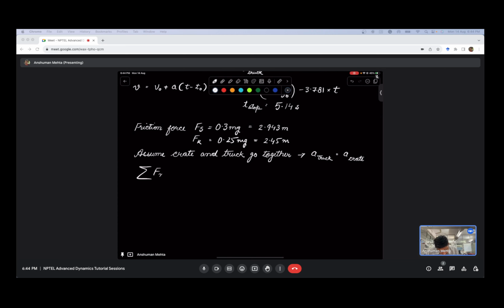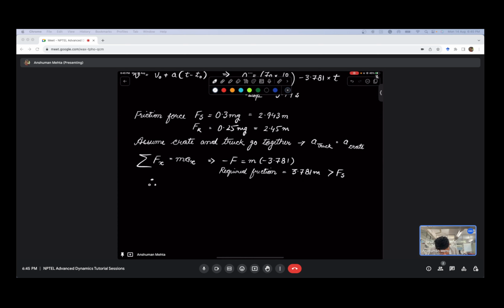So using F of x is equal to ma, using this formula we get the required friction, which is equal to 3.781 m, and it is greater than Fs.